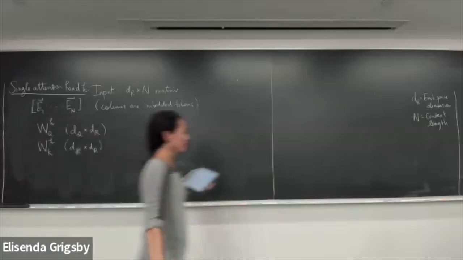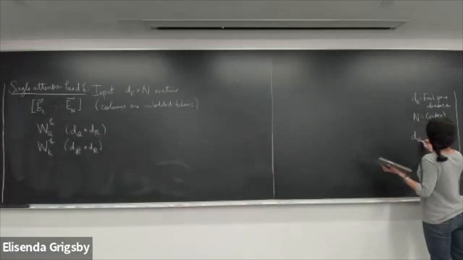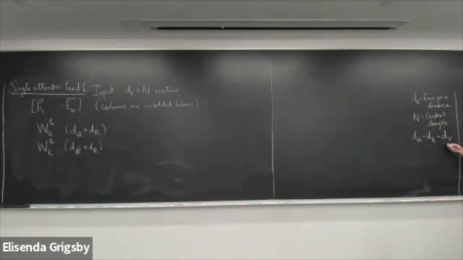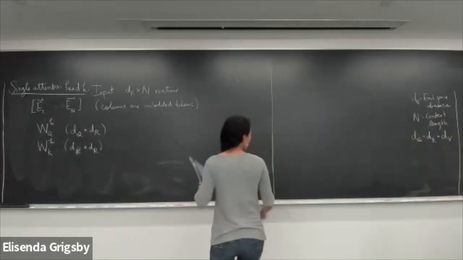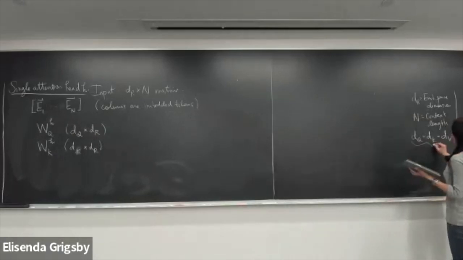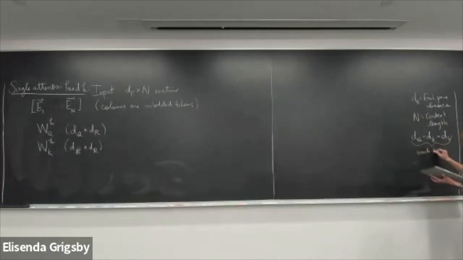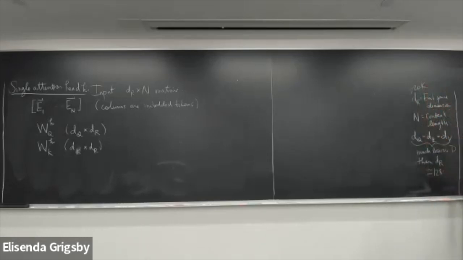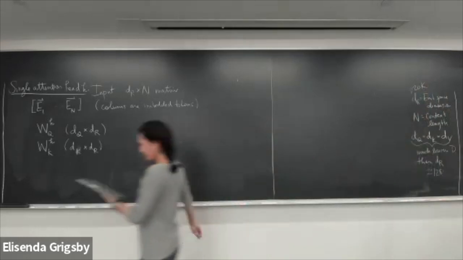Usually DQ is the same as DK, which is the same as what I was calling DV last time. And this is usually much smaller dimensional. So these are very skinny matrices. I think I was saying this is like 128 when dr is like 20,000 in GPT-3.